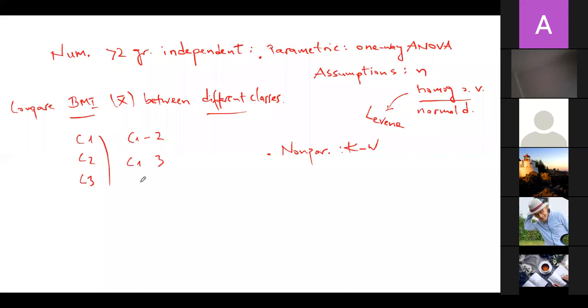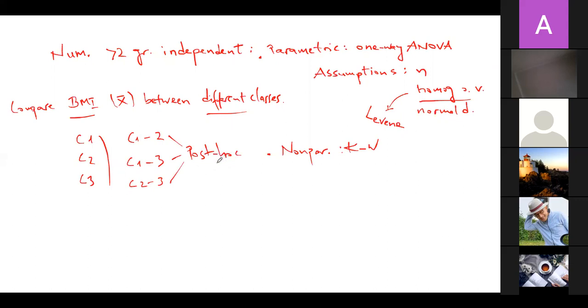Or between class 2 and class 3? There will be 3 more hypotheses to be tested. This we call what? The post-hoc tests. Do you remember post-hoc?